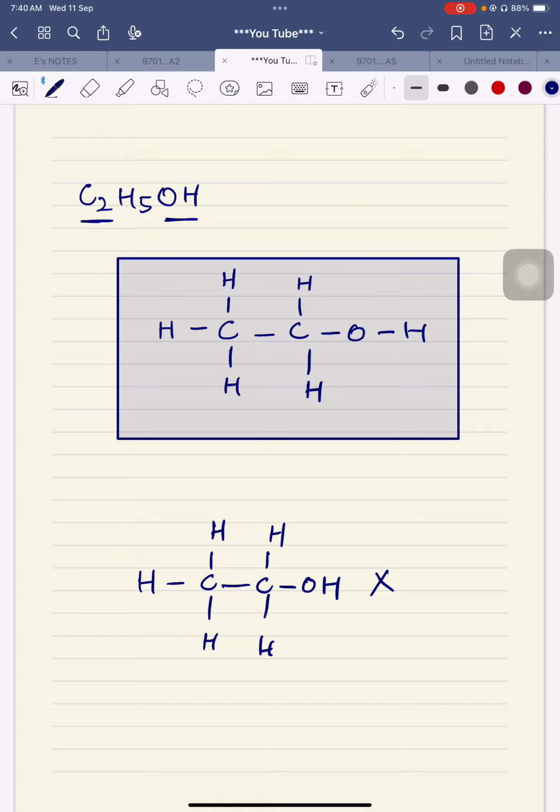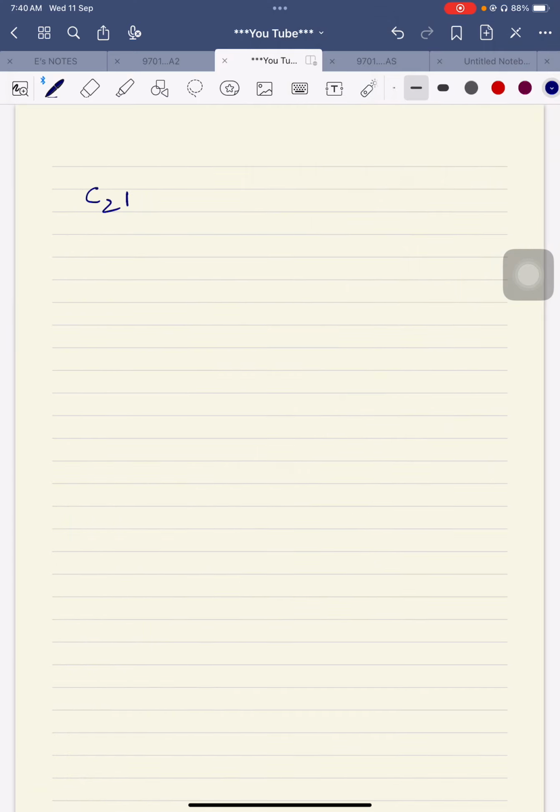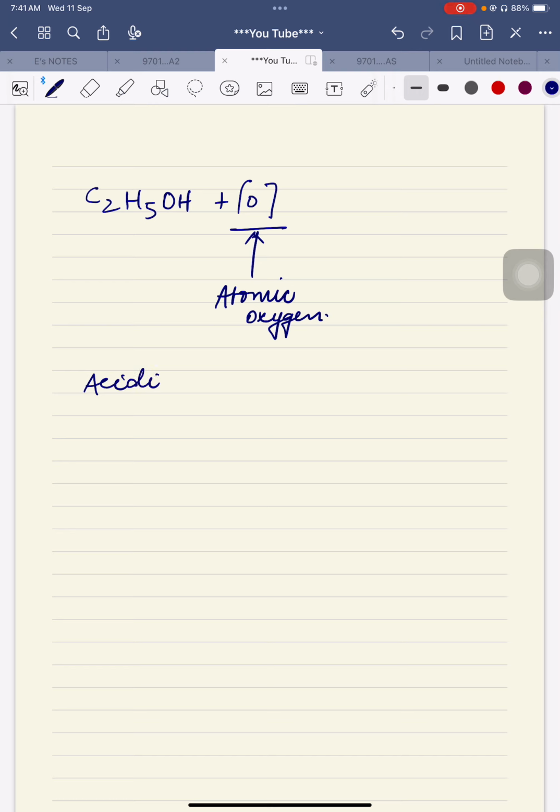So I was telling you that if, for example, we have ethanol, C2H5OH, then it is going to convert itself into, you may write this as well, the atomic oxygen. You should know that acidified KMnO4 or acidified K2Cr2O7 is a reagent which changes alcohol into the respective carboxylic acid.